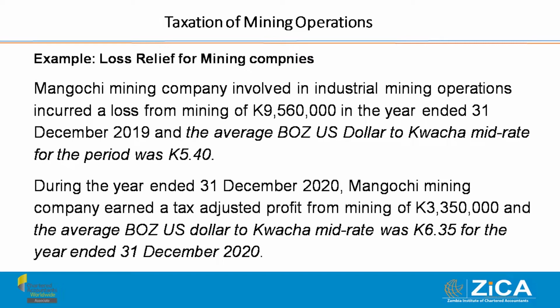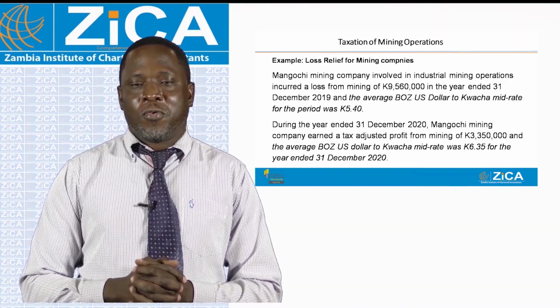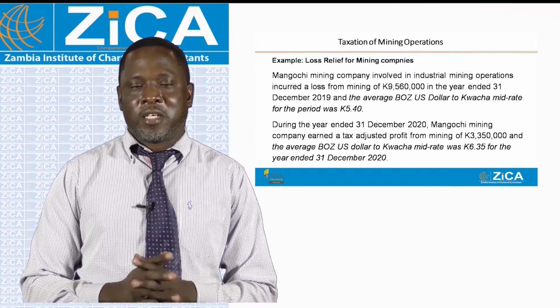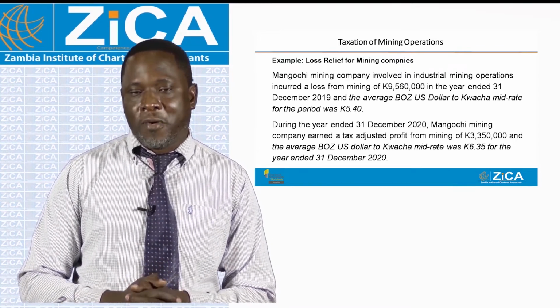Now, when it comes to mining losses, this is one area which is normally poorly performed. So we have an example here to demonstrate how you are supposed to deal with mining losses in an examination context. The example reads: Mangochi Mining Company, involved in industrial mining operations, incurred a loss from mining of $9,560,000 in the tax year 31st December 2019, and the average Bank of Zambia US dollar to kwacha mid exchange rate was 5 kwacha 14 ngwe.